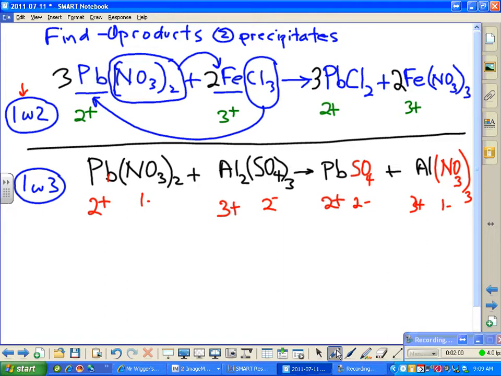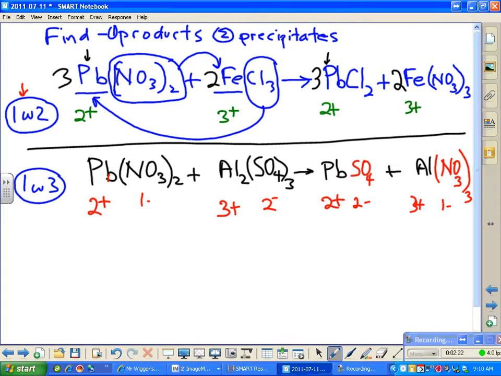Because lead was right up here in our first problem. I want to see if the lead over here, the lead chloride, is going to be soluble or insoluble. In other words, is it going to dissolve in water, or will it not dissolve in water? If it doesn't dissolve in water, we call it a precipitate.